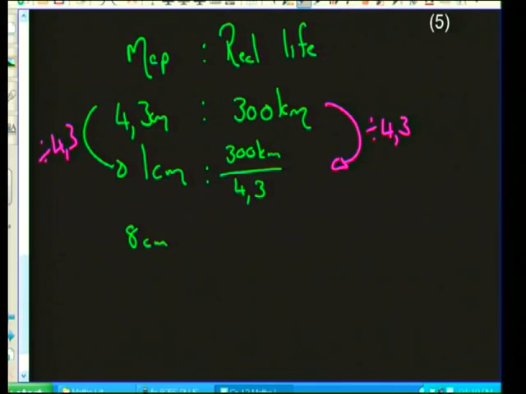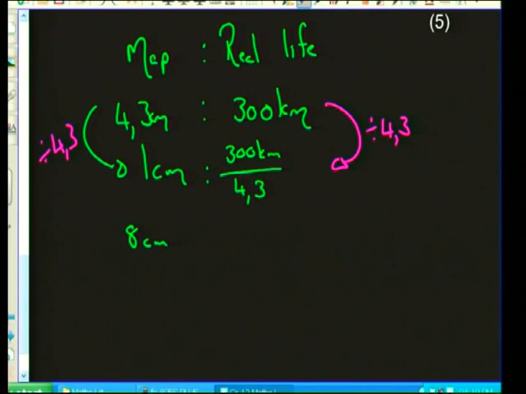And I'm not going to do that on my calculator right now. I'm going to do it right at the end. Let's see now what I'm going to do. So I'm now saying, right, I know what 1 centimeter is. 1 centimeter on the map represents, in real life, 300 kilometers divided by 4,3.